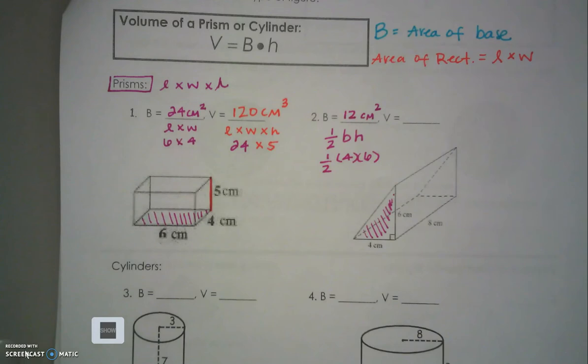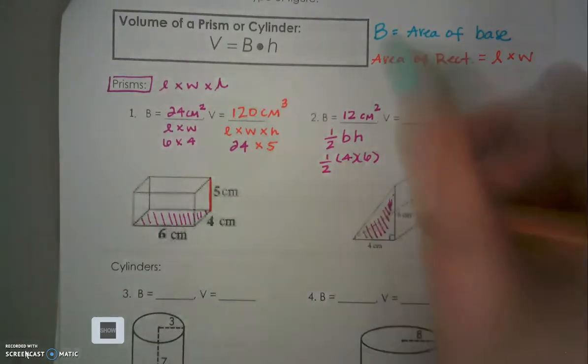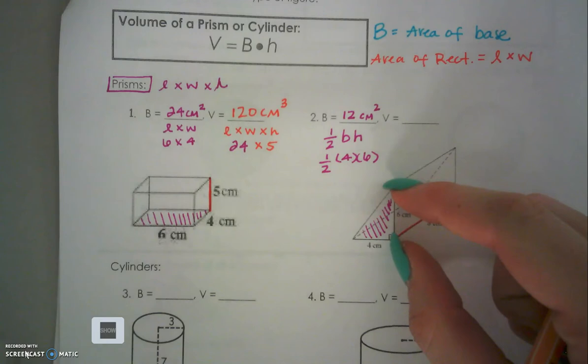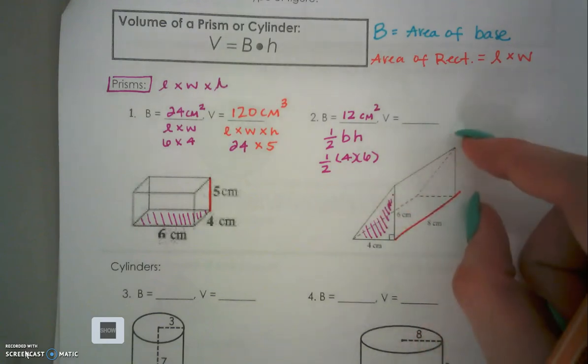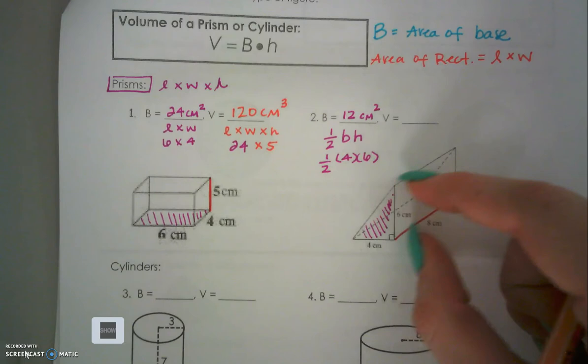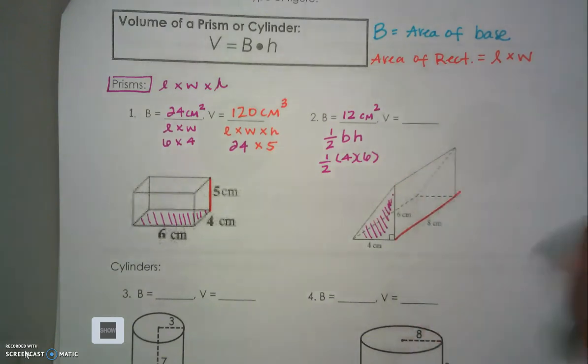Now think of height as your depth. And that's how I knew this was a triangular prism. This 8 centimeters is bumping this rectangle outwards. My height is like my depth. How far am I stretching this triangle out?